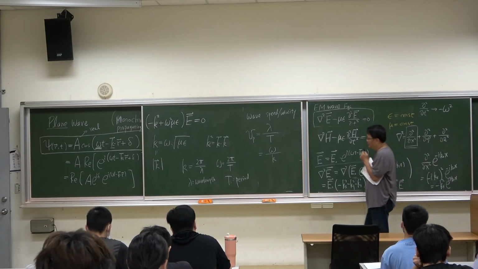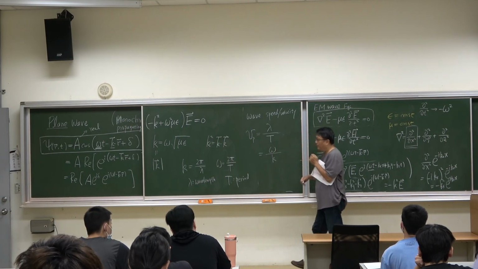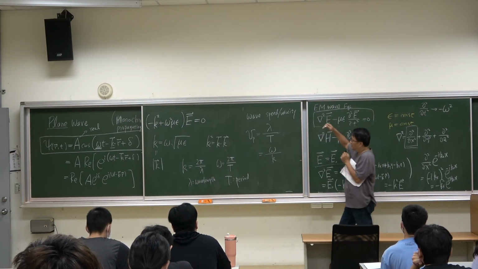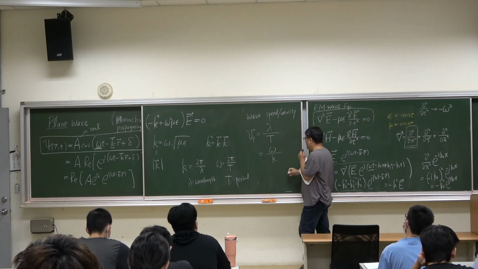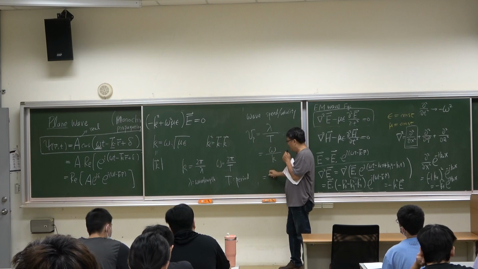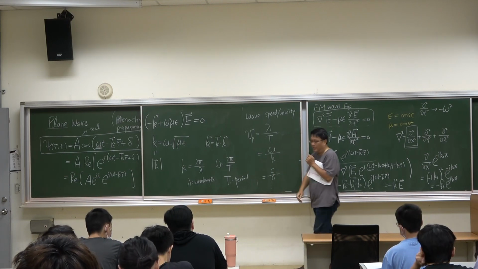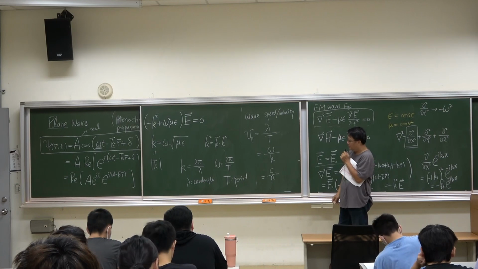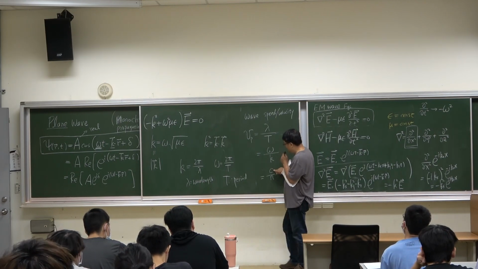However, we know from optics that the speed of light in a medium can be written as c over n. n is the refractive index, and c is the speed of light in vacuum.